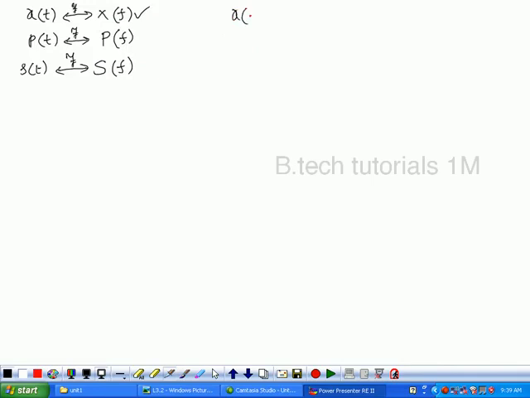A signal x of t is said to be band limited if the Fourier transform of x of t is non-zero over a finite band of frequencies. Here, the Fourier transform of x of t is X of f.